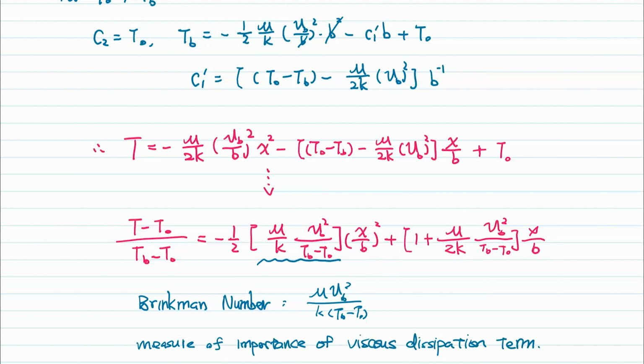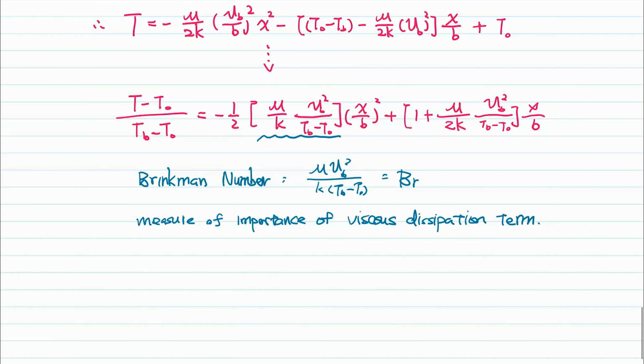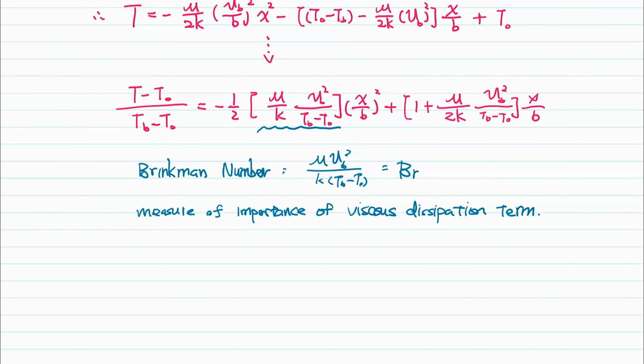Okay, so if we write that down, the Brinkman number is abbreviated as Br. We can again rewrite our equation, the temperature profile, as the following: T minus T naught equals 1/2 the Brinkman number times x over b times (1 minus x over b), plus x over b.